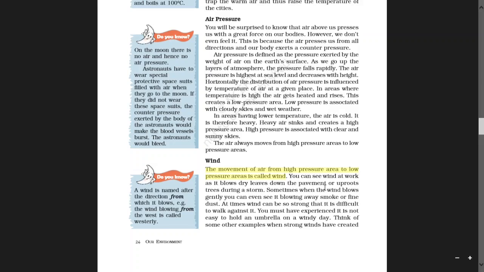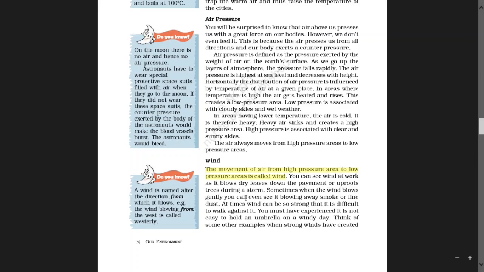Sometimes when the wind blows gently, you can even see it blowing away smoke or fine dust.